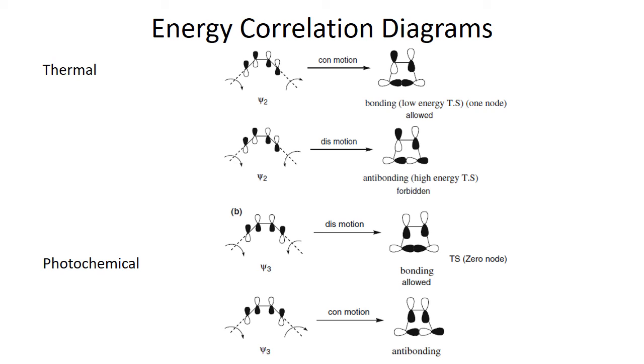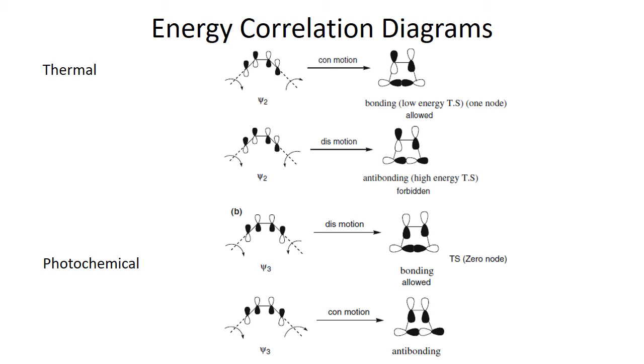So from the diagram, apart from the symmetry operation, if we carry out the disrotatory motion, then the same lobes can overlap each other and the bonding is allowed here, because the transition state has zero nodes. You don't have to worry so much about the nodes, because these nodes are arranged according to the energy level.